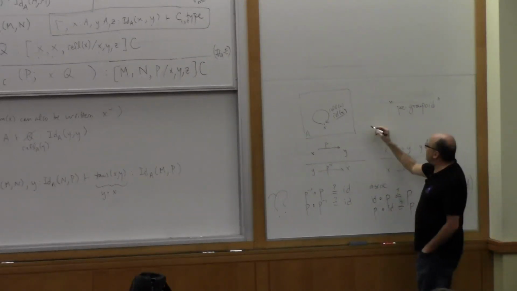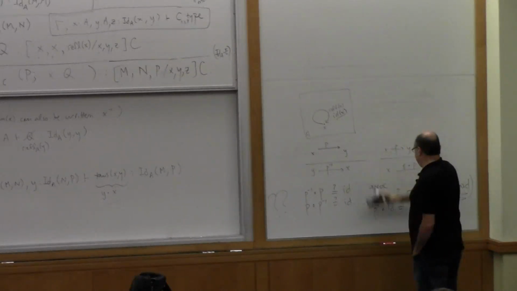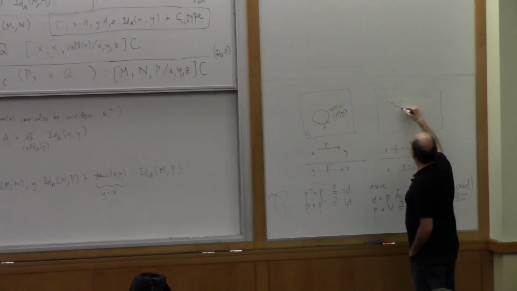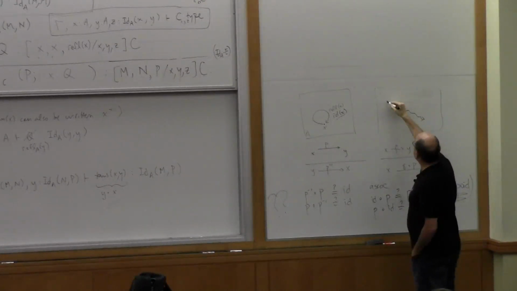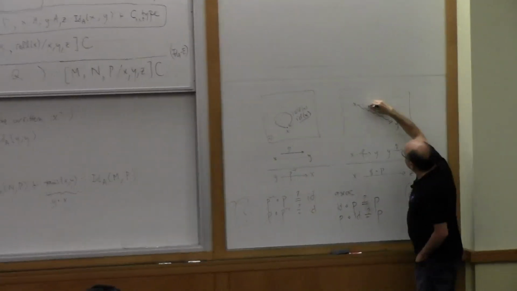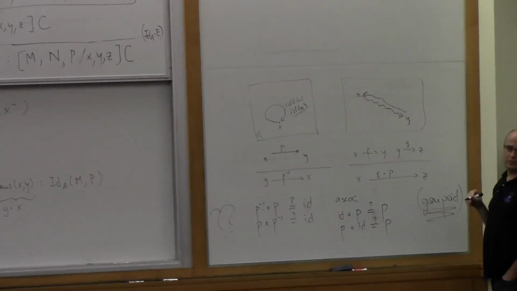And so this says, if you're in a space like A, and if you have a path, we'll draw it as a kind of wiggly arrow from X to Y, then you can turn that path around and go back the way you came. So that's its inverse.